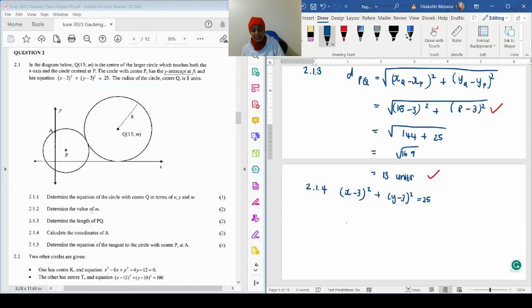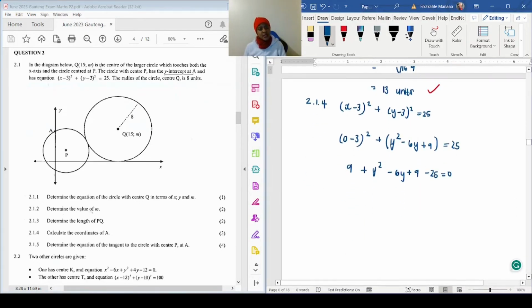So we're going to say (0 − 3)², and let's just multiply this out. So we get 9 + y² − 6y + 9 = 25, so 9 + y² − 6y + 9 − 25 = 0.